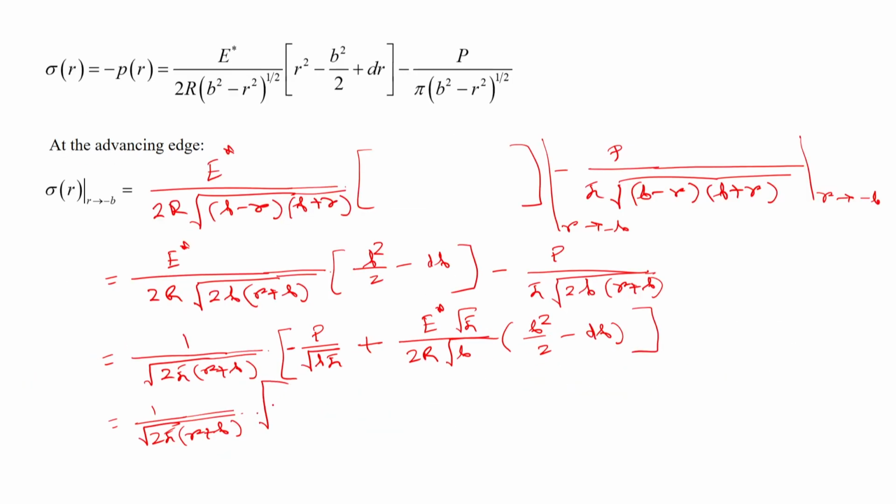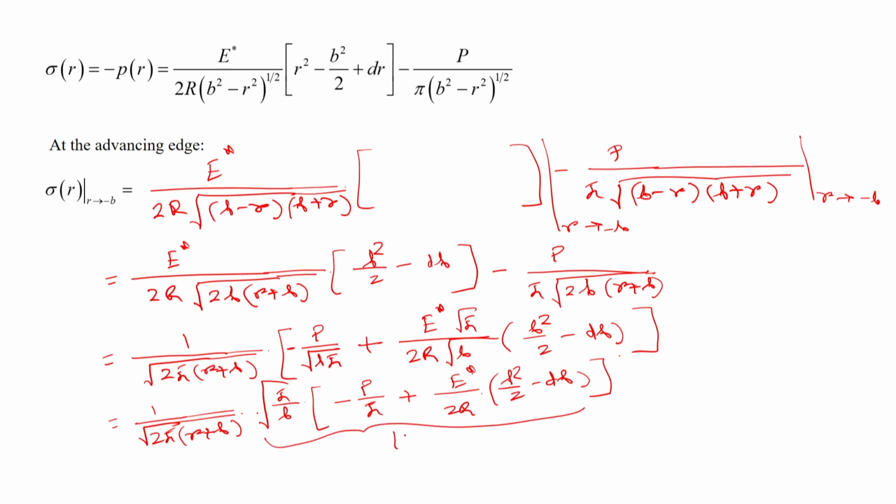So, then it will be minus p by pi, and then plus square root of pi by b, E star by 2 r, this is b square by 2 minus d b, and like that. So, this term again is the stress intensity factor, but this is at the advancing edge. So, this is k I like that.